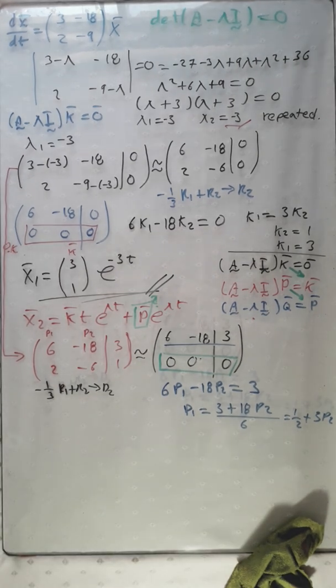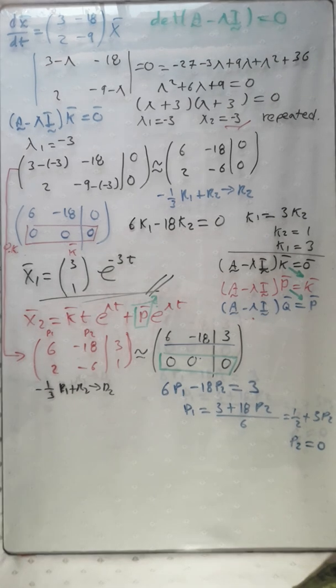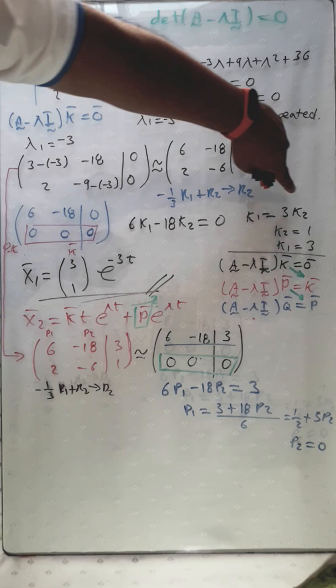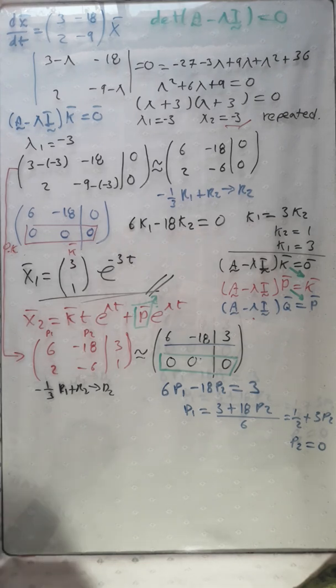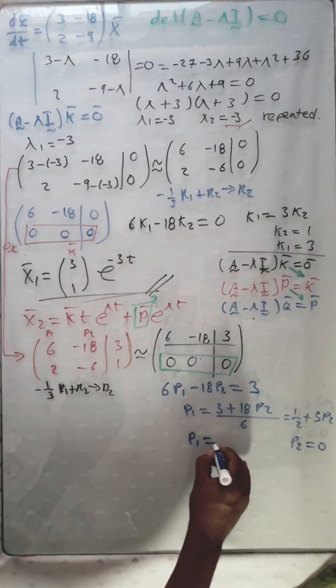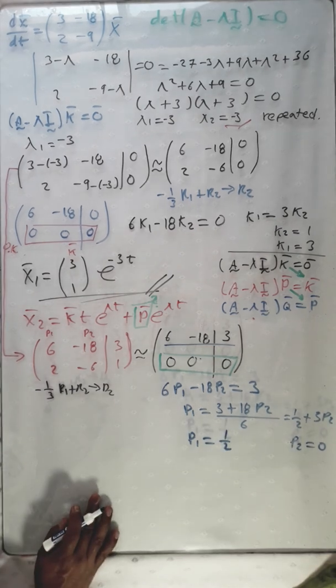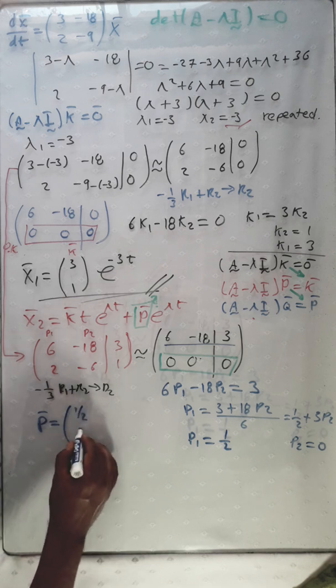Now I'm going to give a value to P2, whatever value you want. I'm going to choose P2 equal to 0. This is a difference between the p vector and the k vector. On the k vector, you cannot choose 0, but for the p vector and the q vector, you can choose 0. There is no problem there. So what is the value of P1? Because P2 is 0, P1 is 1/2. So the p vector is equal to 1/2 and 0.